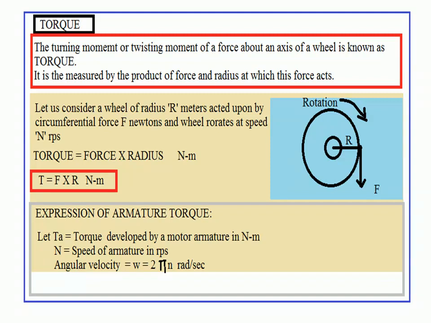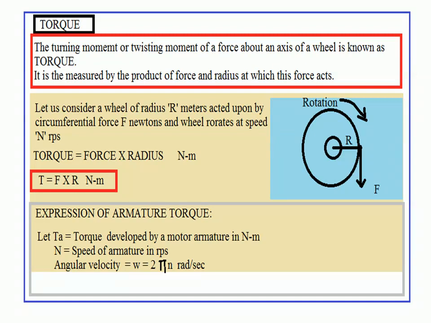For example, consider a wheel which is rotating at N revolutions per minute, N rpm, in clockwise direction. Let r be the radius of the wheel. F is the force which acts on the circumference, perpendicular to that axis of the wheel.